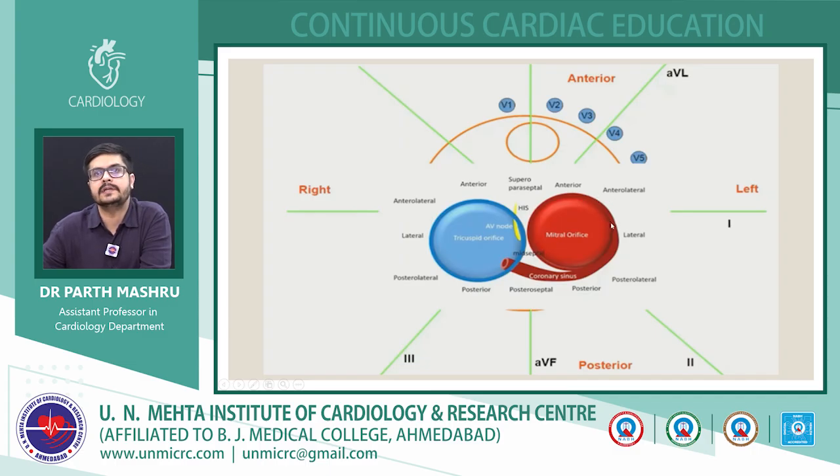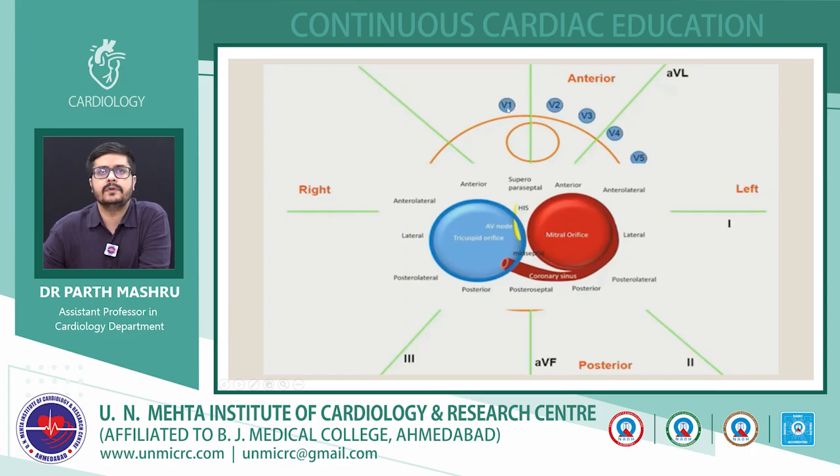And if the pathway is most lateral, there will be most negativity in lead 1, because the accessory pathway will be here and the delta wave will be opposite to this lead. So lead 1 will be most negative, and if it is on the posterior area, the negativity will be in the 2, 3, aVF region.